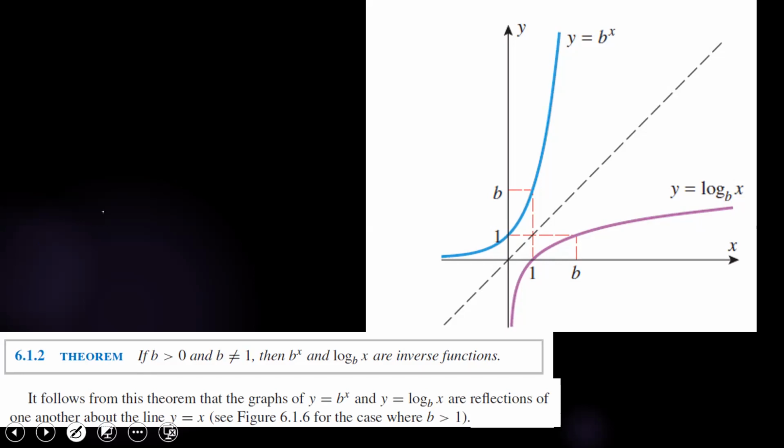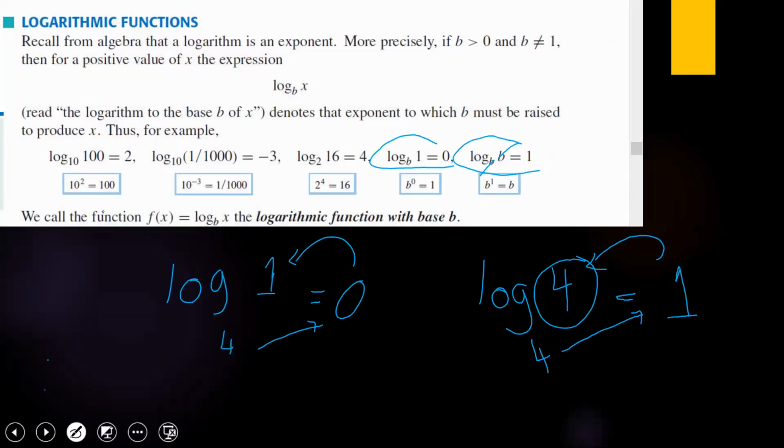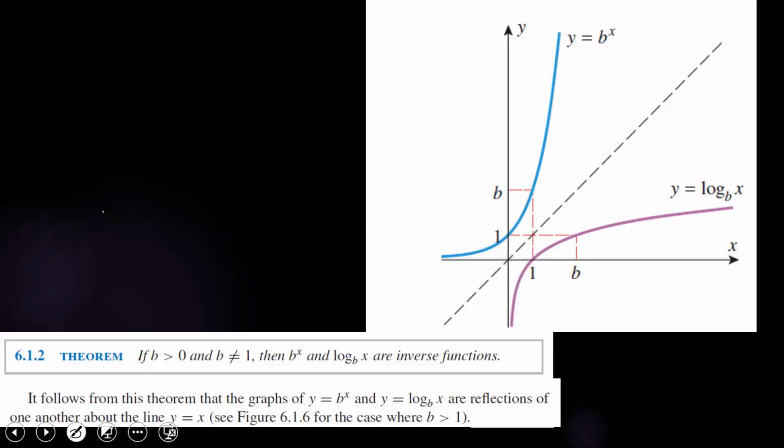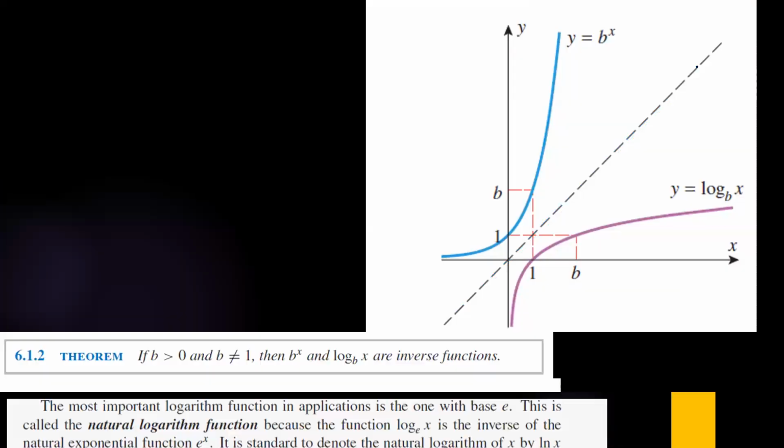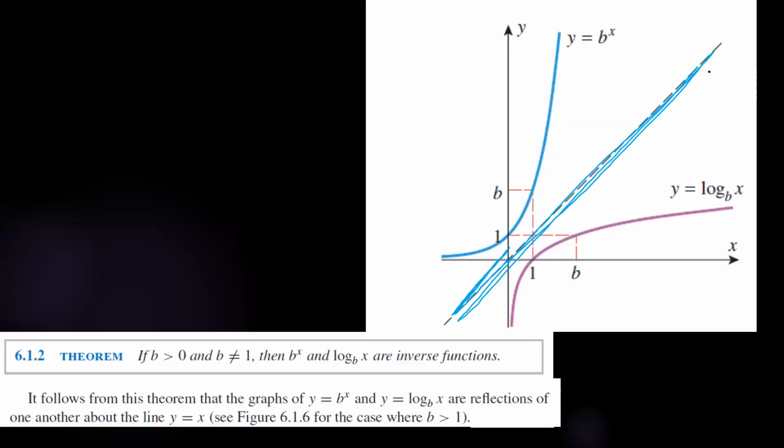This line is like a reflection line, they are like a mirror. The logarithmic function is the inverse of the exponential function. Is it clear? Yes, teacher.